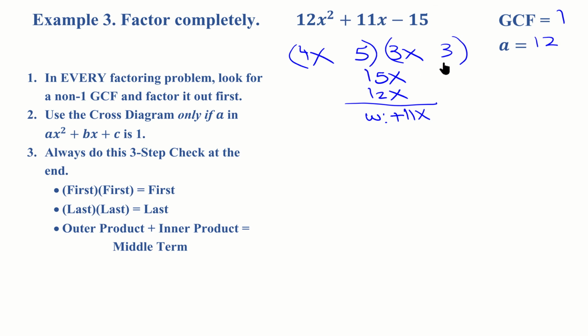All right, this is where you have to be very careful with these types of problems. You don't want to give up on 5 and 3 as a possibility for 15 until you have tried not only 5 here, 3 here, but also 3 here, 5 there. They'll give you different results because these are different numbers. So we'll keep the 4x and 3x where they are.